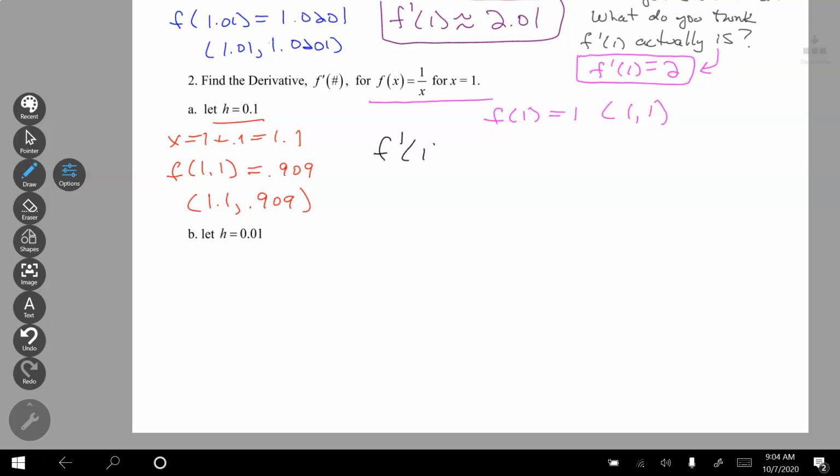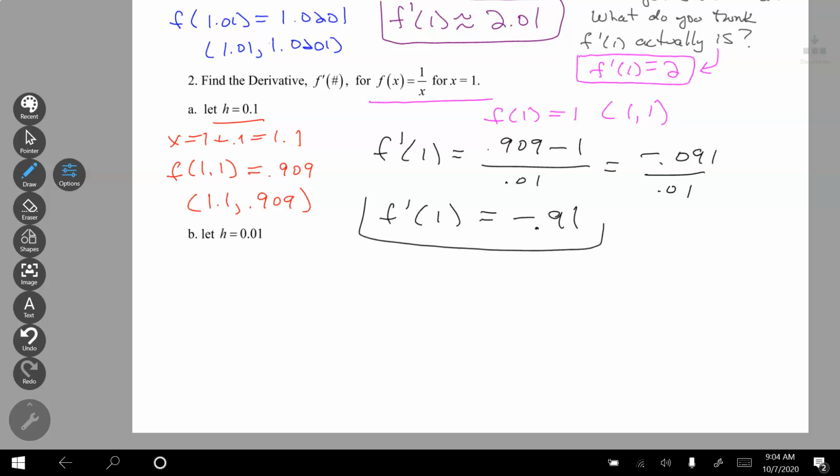So f prime of 1 is equal to 0.909 minus 1 over the h, so negative 0.091 over 0.1. So f prime of 1 is equal to negative 0.91. This is what I got for the approximate derivative.